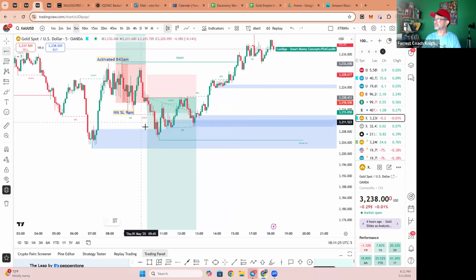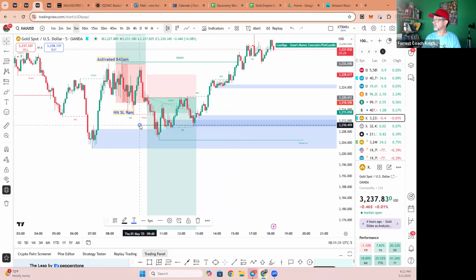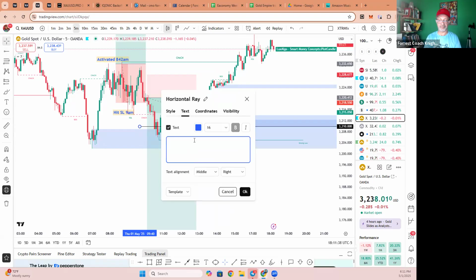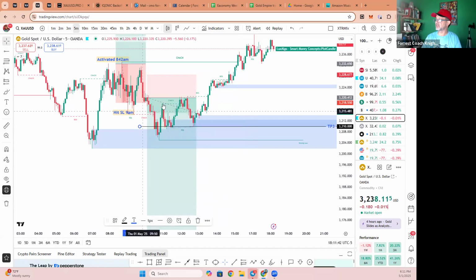So let's do this. 32.10 was his TP3. I haven't taken his trades in quite a while, so I'm not adjusting.